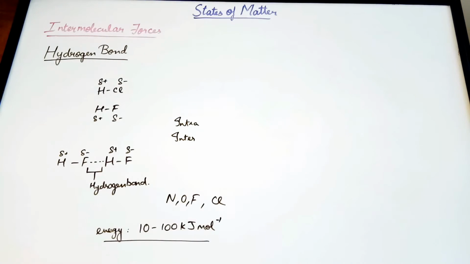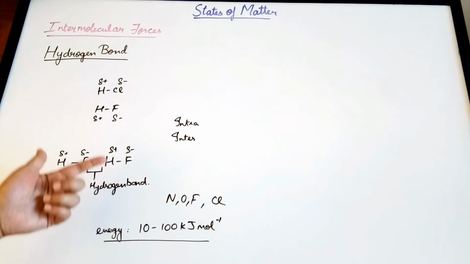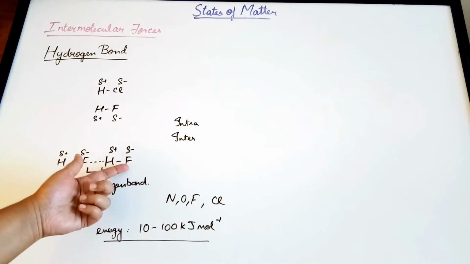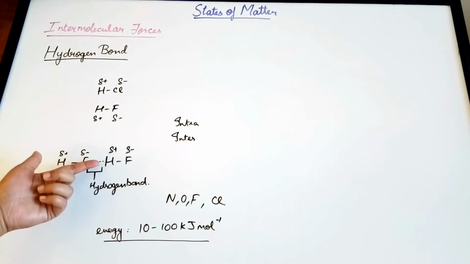Hydrogen bonding is a type of dipole-dipole interaction. Here you have a dipole getting created because fluorine is more electronegative than hydrogen, so there's a partial negative charge and a partial positive charge.